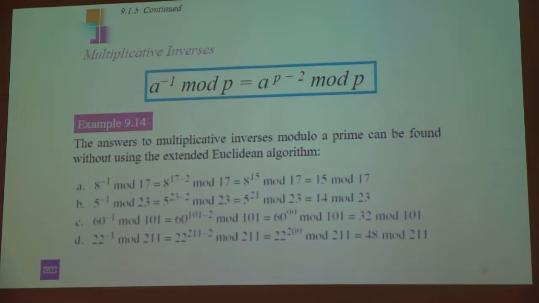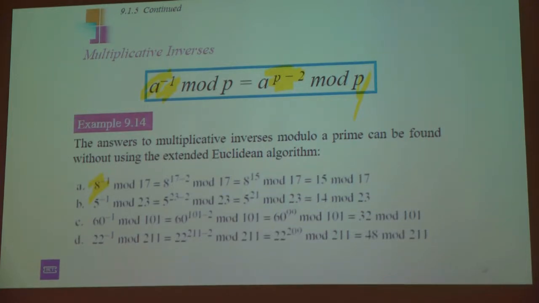The multiplicative inverse says that to calculate a to the power minus 1, the multiplicative inverse, it equals a to the power p minus 2, mod p. Let's take examples.